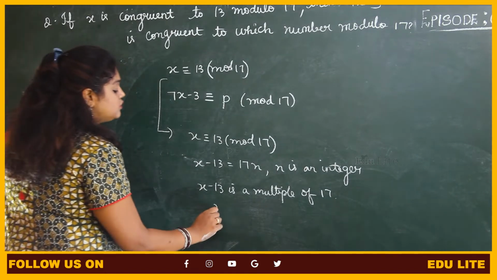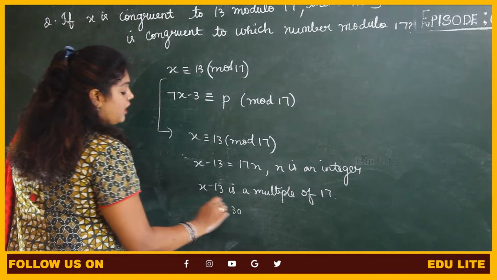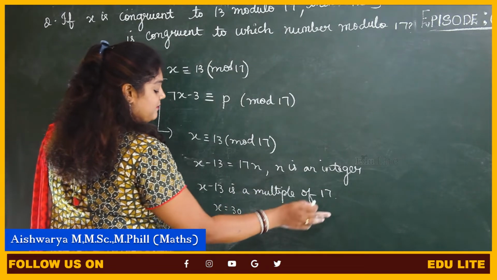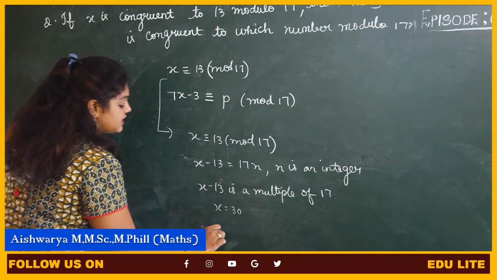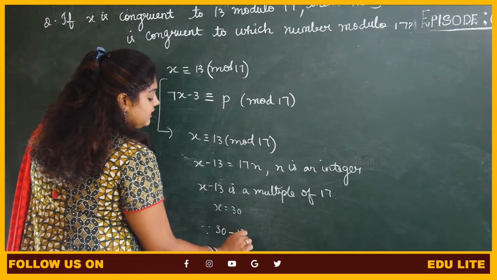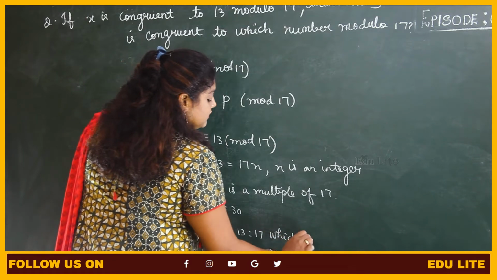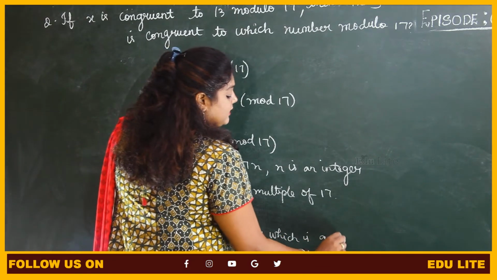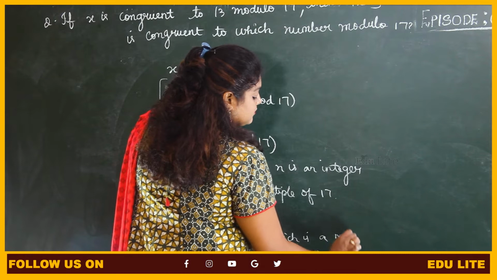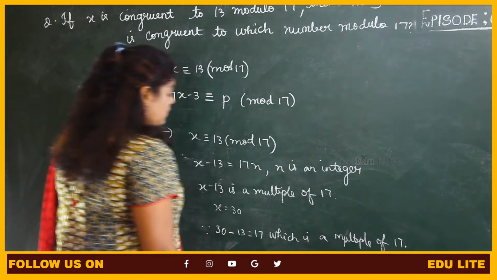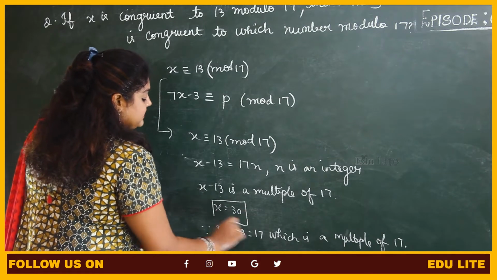We are going to choose x as 30, because 30 minus 13 will give us 17, which is a multiple of 17. So, now we chose the value of x as 30.